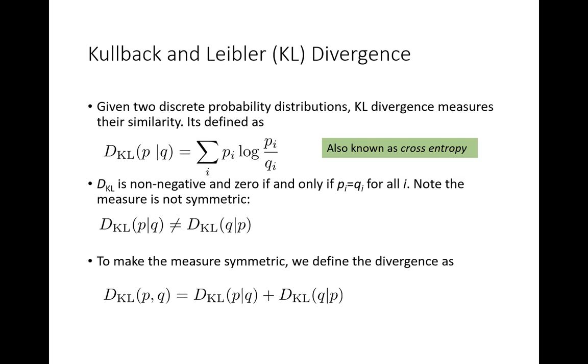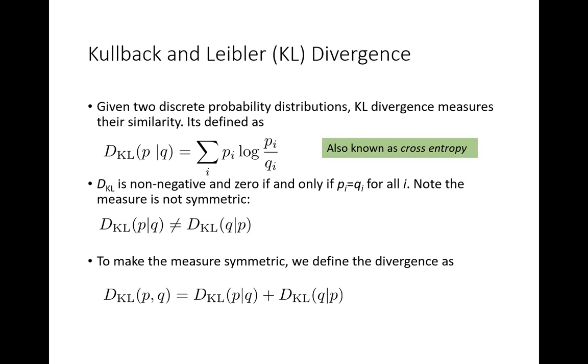That is, when you measure from P to Q or Q to P, you will end up with different results. All right. Typically, what we want is that P to Q or Q to P should give us a similar outcome. So what one can do is take the P to Q and Q to P formulas and add them up. That way, it doesn't matter whether you measure from P to Q or Q to P, you will end up with the same result.